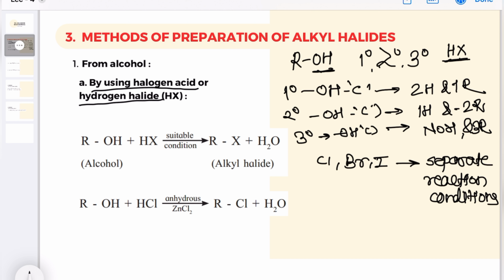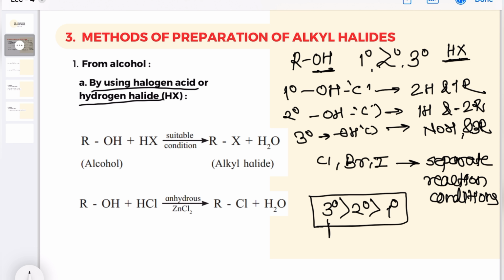And the important point, always asked for MCQ purposes, is the order of reactivity of alcohols with a given haloacid: it is always tertiary, then secondary, then primary. This is the reactivity order for alcohols for the preparation of alkyl halides.